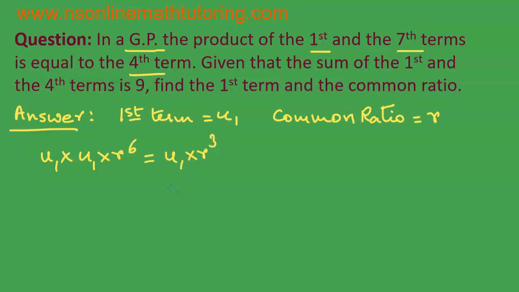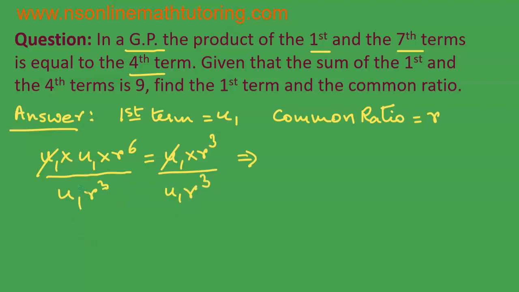And I can divide the entire equation by u1 so that these two will be getting cancelled. Again, I can divide the same equation by r to the power of 3. So I am dividing the entire equation by u1 times r to the power of 3.